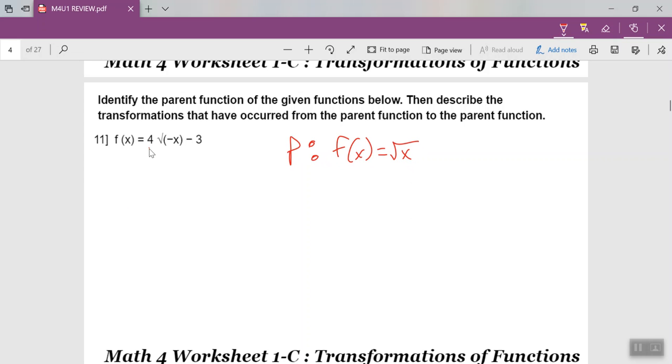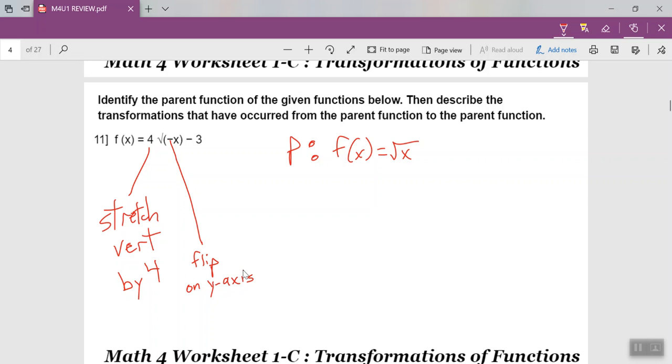And let's see now, the 4 says we are stretching vertically by a factor of 4. This negative says we are flipping on the y-axis.